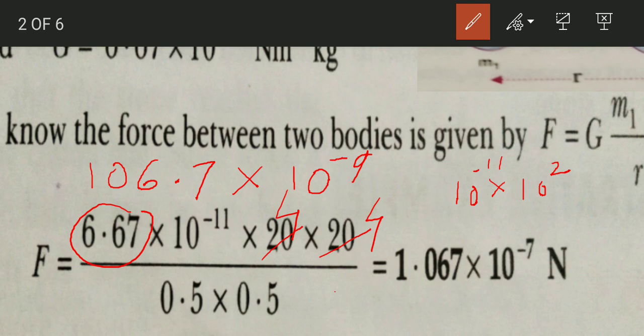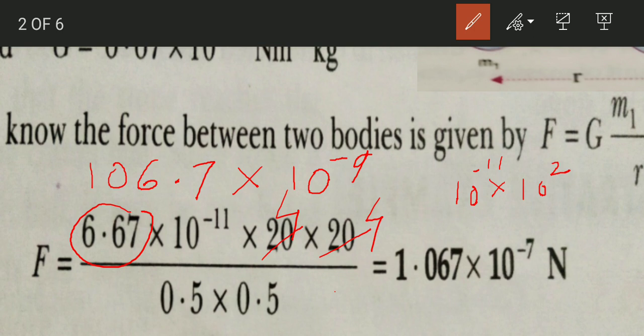Now students, when you get this calculation, you will think that in the answer the decimals are shifted and it is written 10 raised to minus 7. Students, this is the actual calculation, but the answer is according to the scientific notation. We have to follow the scientific notation because the numbers here are very large, 106.7.